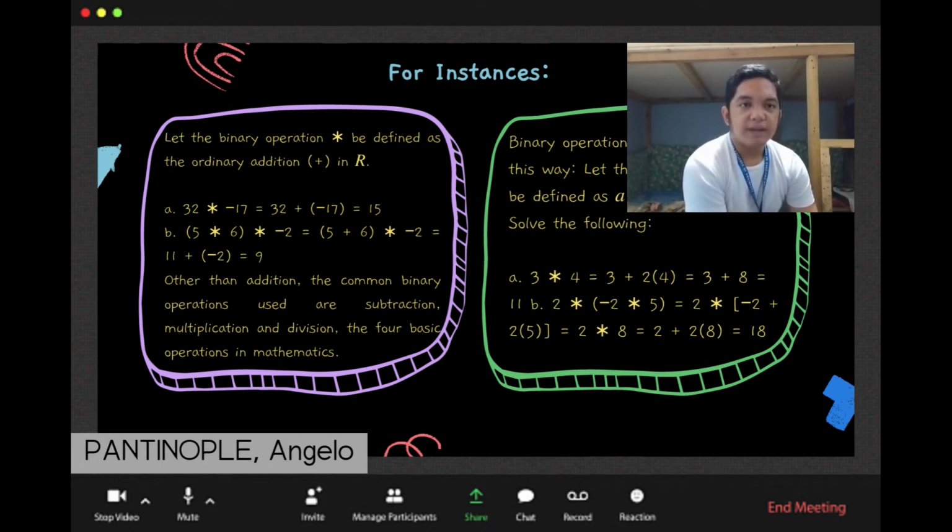Other than addition, the common binary operations used are subtraction, multiplication, and division, the four basic operations in mathematics.